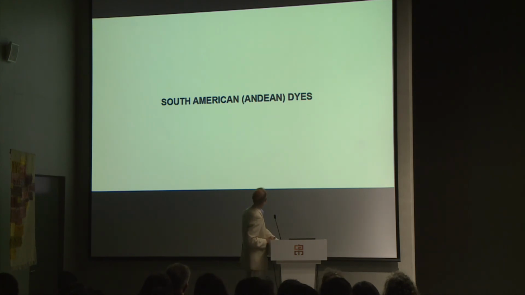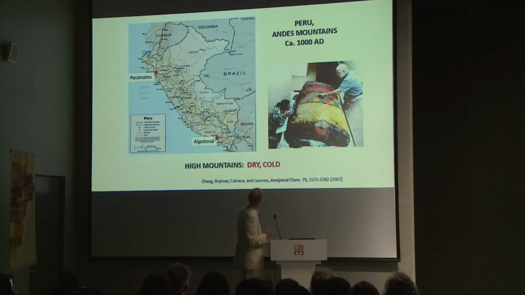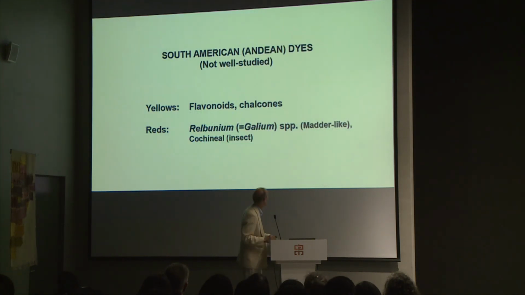And then finally, South American dyes. They have some beautiful colors. There's a mummy, it's probably 1,000 years old. Bright yellows and reds. We didn't actually analyze this one, but we did analyze a few samples from these two places. I'm not going to go into what we found there, except that there's been very little study of these dyes from this part of the world.